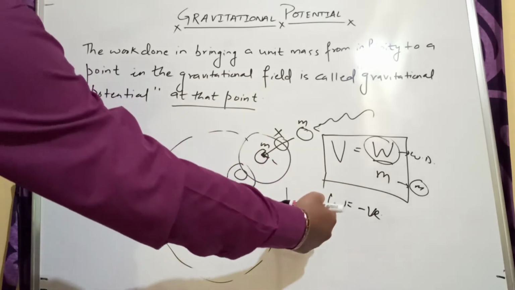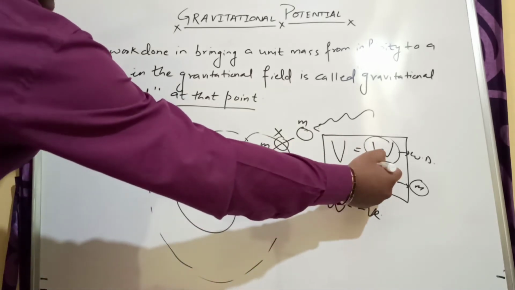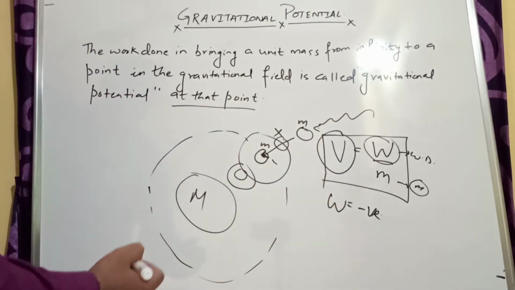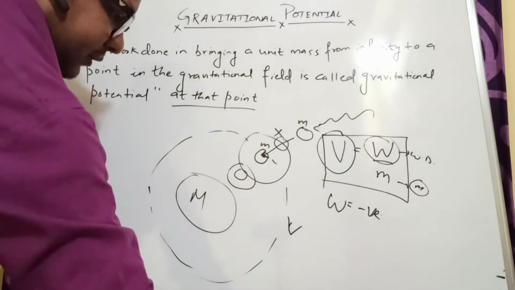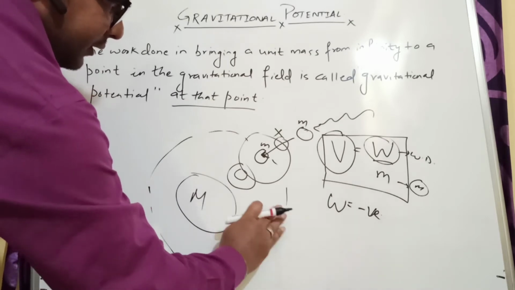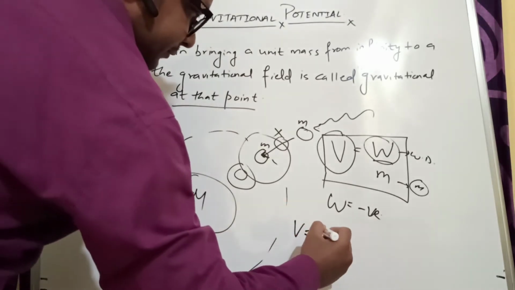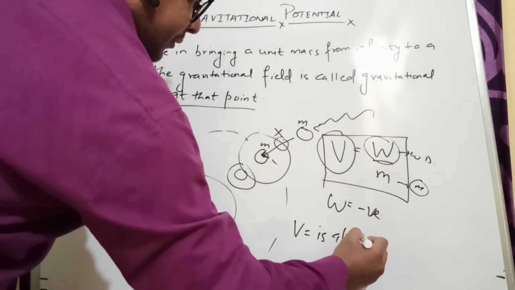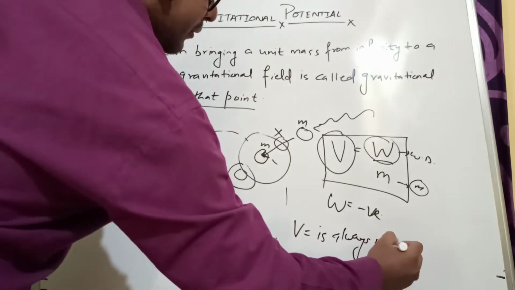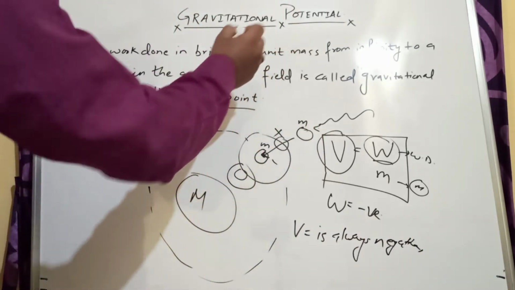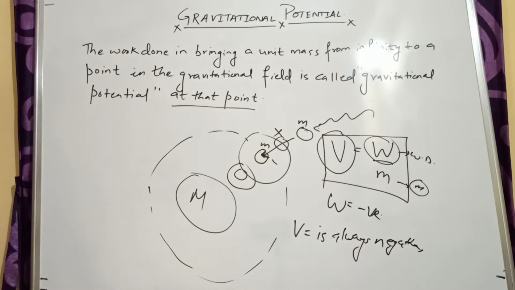If W is negative, then obviously, since mass has no plus or minus sign, this gravitational potential V is always negative. Means your gravitational potential is always negative. I hope you have cleared the concept of gravitational potential.